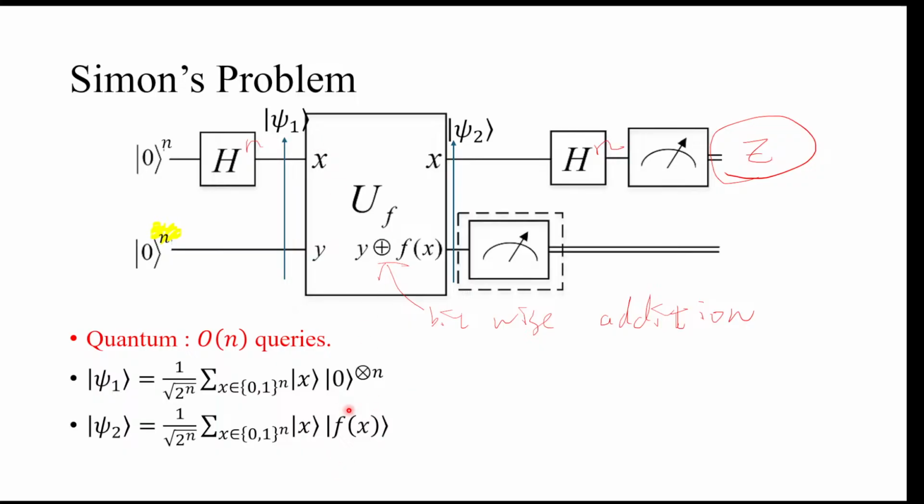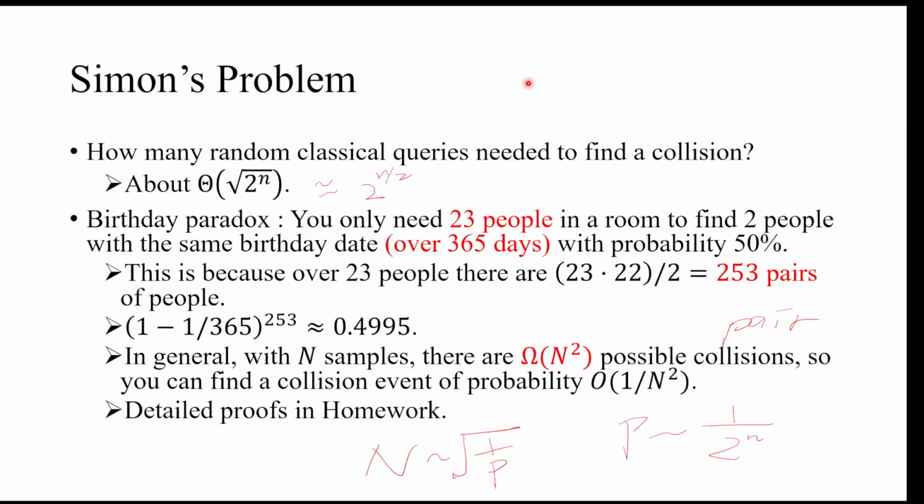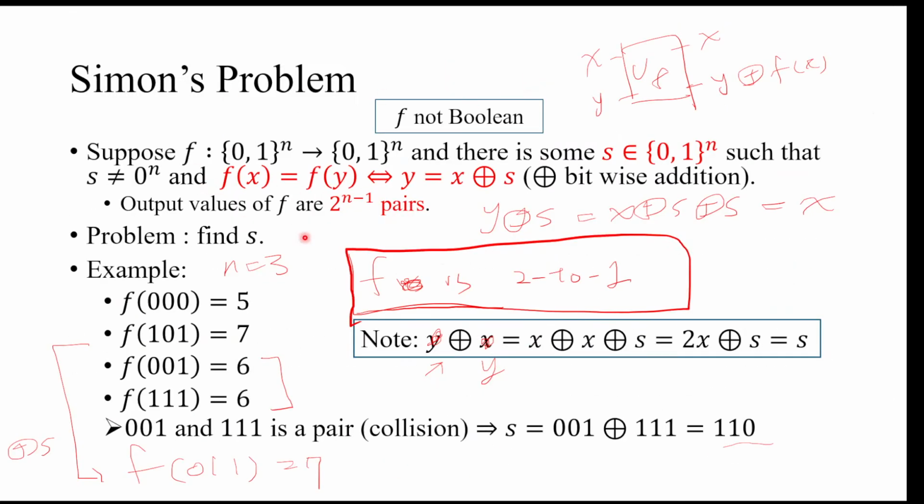You will learn your f of x. Okay, you learn your f of x, but you don't learn which x gives you this f of x. Okay. So on the second register, you will learn f of x, and f of x, as we know, there are 2 to the n minus 1 different things.